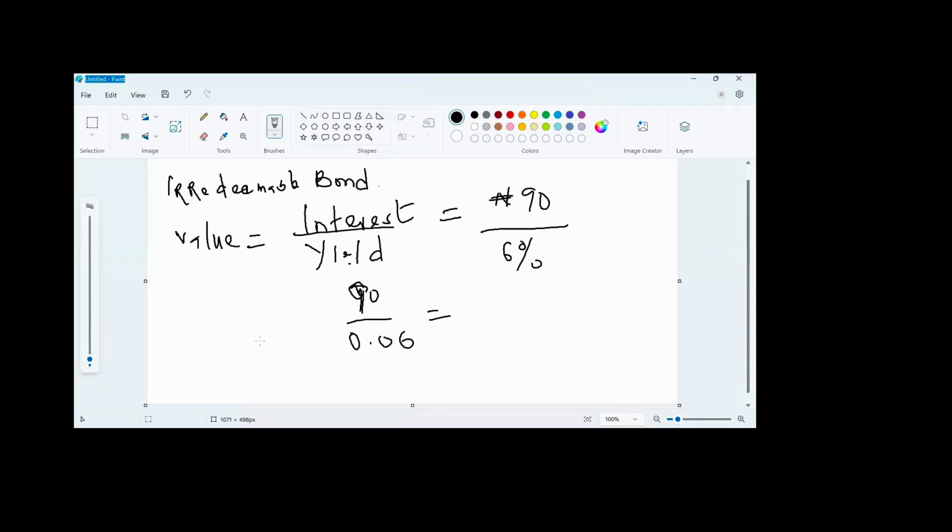The examiner will not test this one. It's just like calculating the present value of a cash flow to infinity. How do you do that? The present value of a cash flow to infinity is equal to the cash flow divided by the discount rate. Is that not it? It's the same thing. Is that clear? Yes, sir.